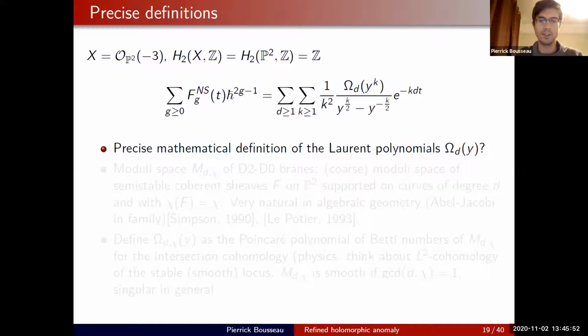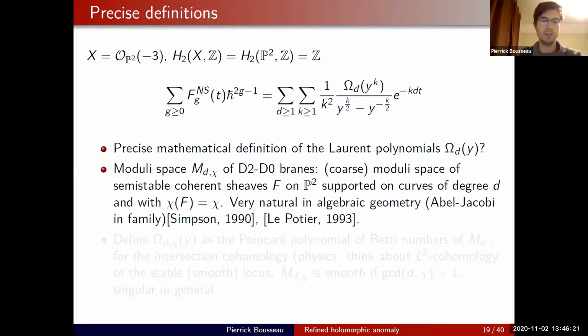So now we'll say a bit more about the precise mathematical definition of an object which enters our definition of FG NS. So here I wrote again the definition. So we need to define this omega d of y. And then from omega d of y, you write this formula, you expand y as exponential of h bar, and then expanding in powers of h bar, it defines you the series FG of NS.